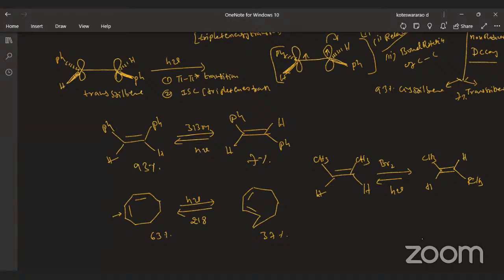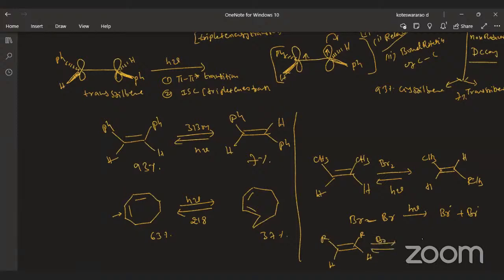When you observe the mechanism, bromine and irradiated light lead to the formation of bromine radicals. These bromine radicals will react with the olefin, where only a double bond is there without any conjugation.